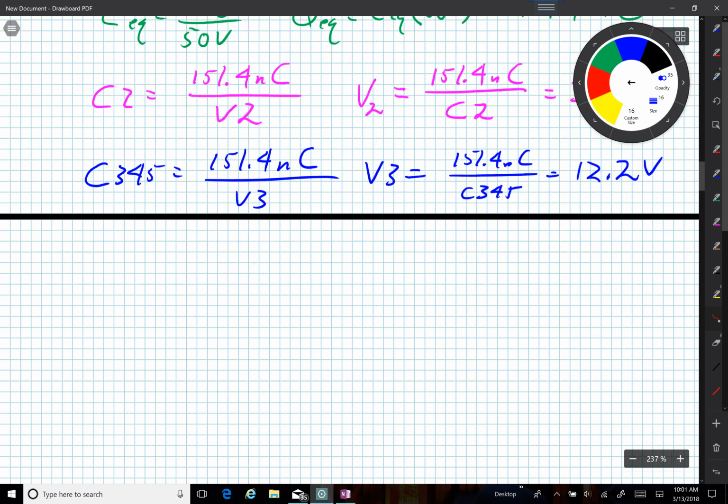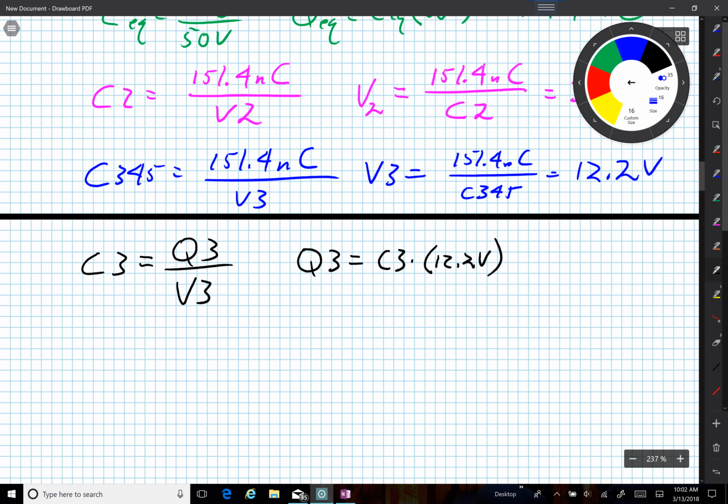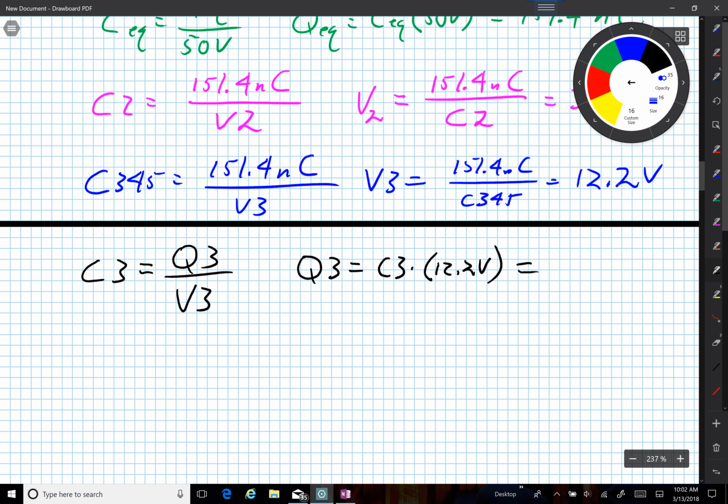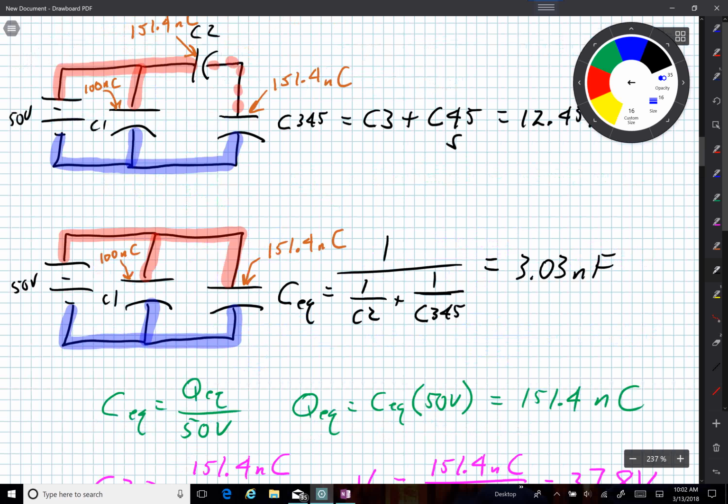C3 equals Q3 divided by V3. And so Q3 is C3 times 12.2 volts, because that was what we said V3 was. And C3, what was C3? Let's go back up to the top and see.